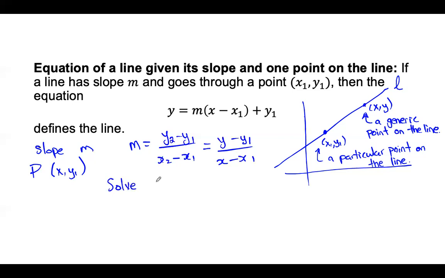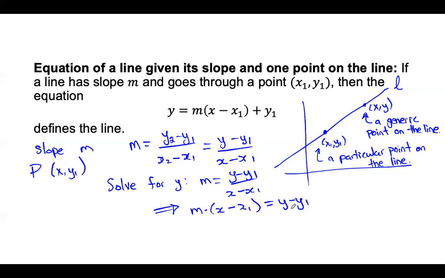So then m is going to be equal, so solve for y, this equation. We have m is equal to this. Which implies, if we cross multiply, this is a trick, m times (x minus x1) is equal to y minus y1.